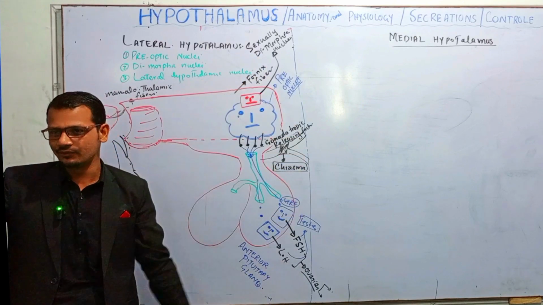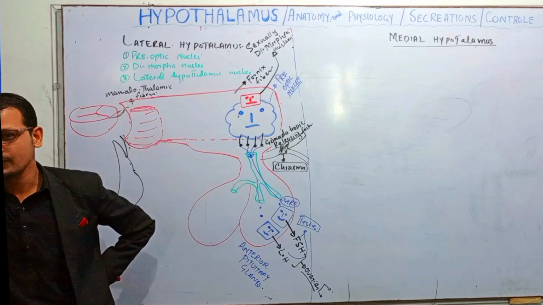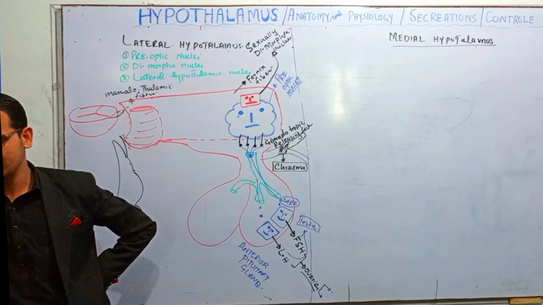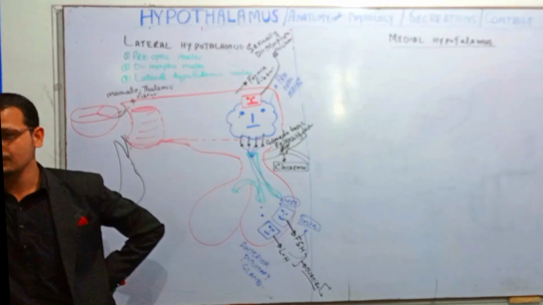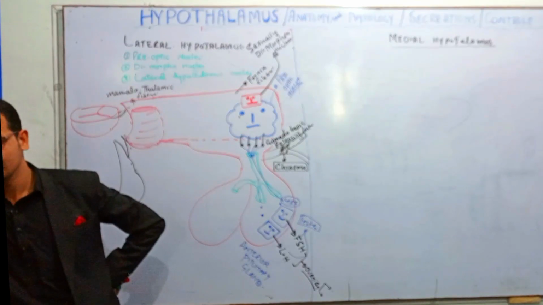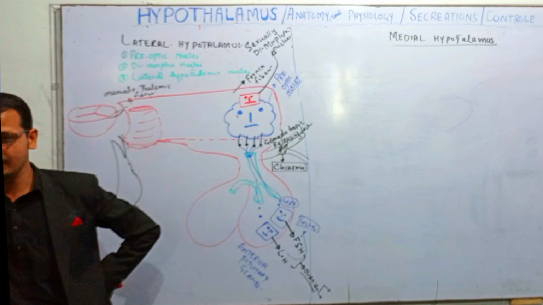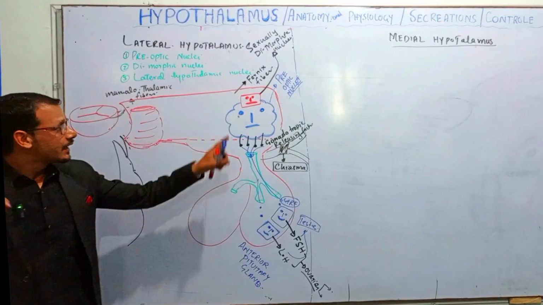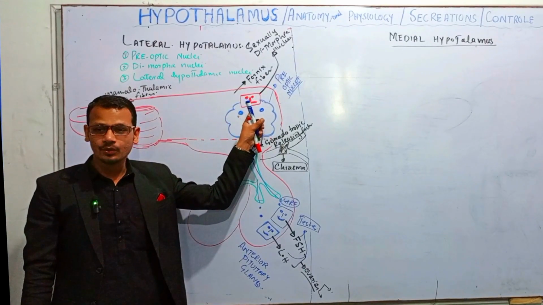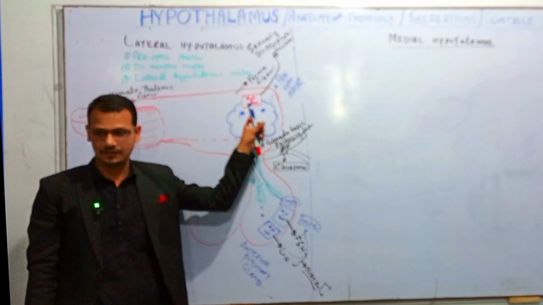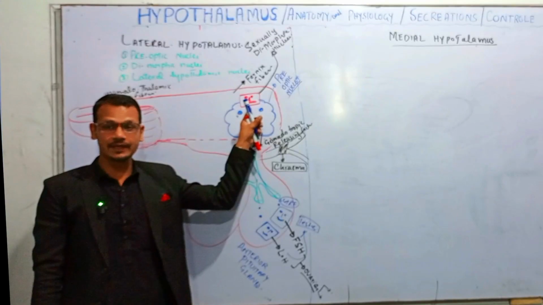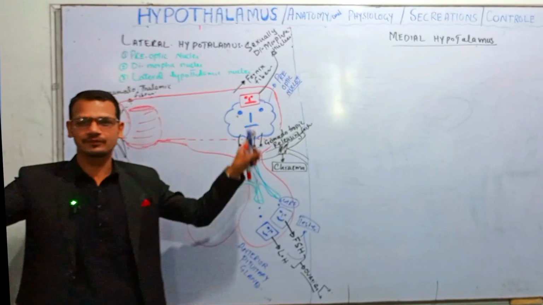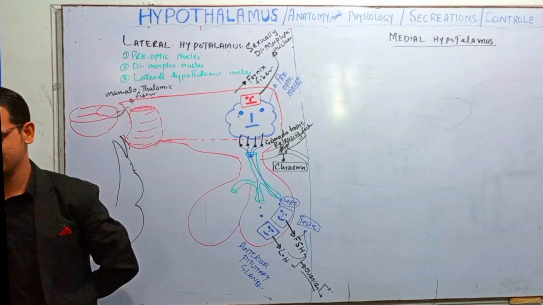This hypothalamus is very sexy, right? Because it determines who will be liked by me. If I am male, the people who are homosexual have the development of this nuclei different from that of normal people, right?